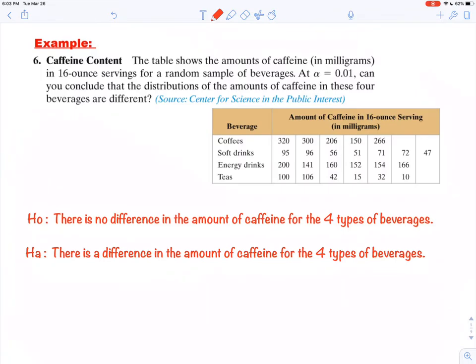So what I want to note here is that I am comparing 4 different types of drinks. So I am comparing 4 groups, right? 4 pieces of information, and anytime I'm comparing 3 or more using a non-parametric test, I'm going to do this with the Kruskal-Wallis test.